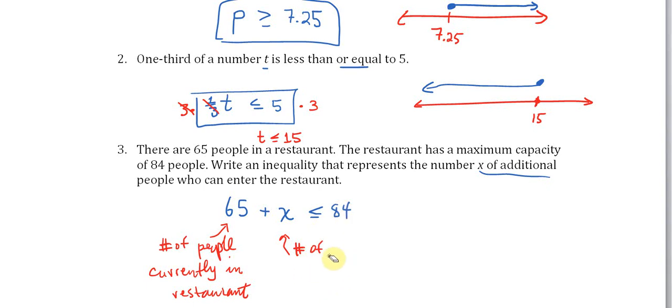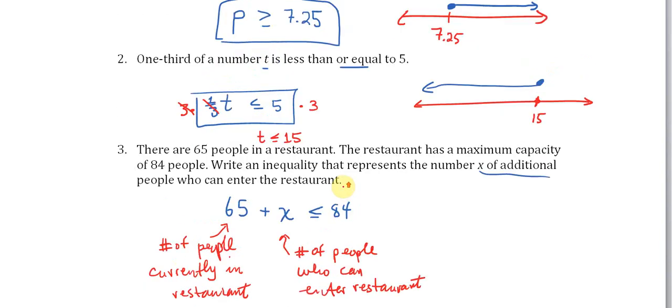Well, that sounds very weird. The number of additional people who can enter the restaurant, right, assuming no one else leaves. Okay, so 65 plus x must be less than or equal to 84.